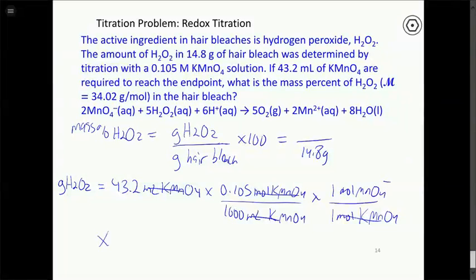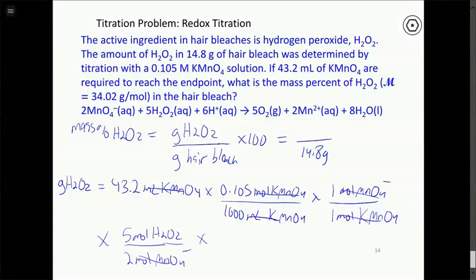Then we use the stoichiometric ratios to find out how many moles of H2O2 that corresponds to. So we found the moles of MnO4 minus, how much H2O2 is that reacting with. The ratio is 5 to 2, so we have 5 moles of H2O2 for every 2 moles of MnO4 minus that react. So MnO4 minus, we convert that into H2O2.